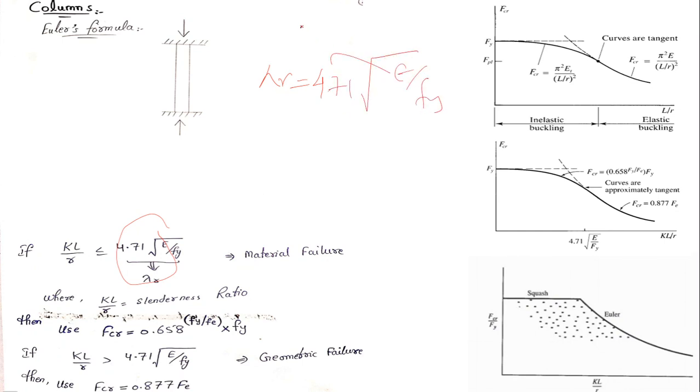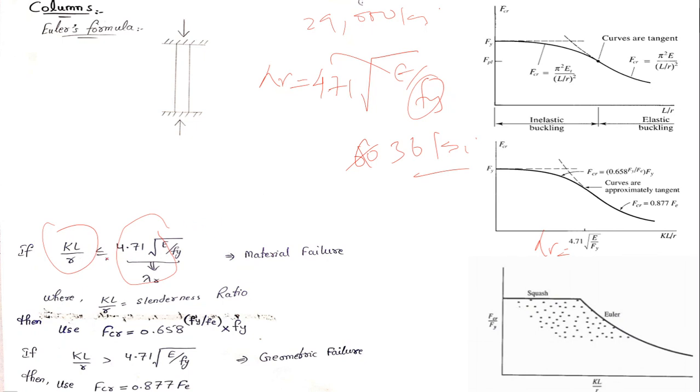E of steel is 29,000 KSI, and Fy is, for example, 36 KSI for A36 steel. Then you have to find this lambda r value, and you have the KL by r value. You have to find whether your KL by r value is less than this lambda r value or greater than.